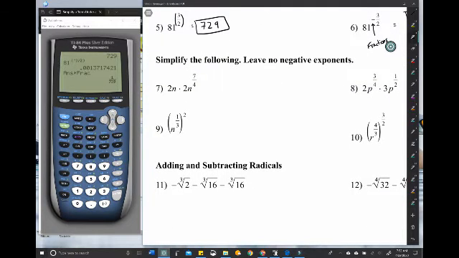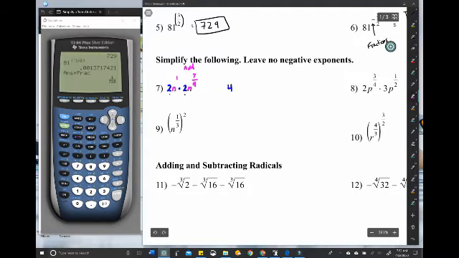Simplify the following. Leave no negative exponents. Basic idea is for numbers that are just regular old numbers, coefficients, we'll multiply those. So 2 times 2 is 4. We have multiplication. Just remember for exponents, we're going to add. So n and n to the 7/4, this is really n to the first.